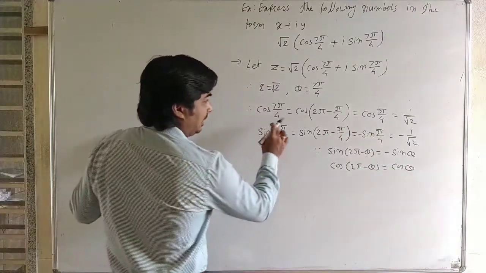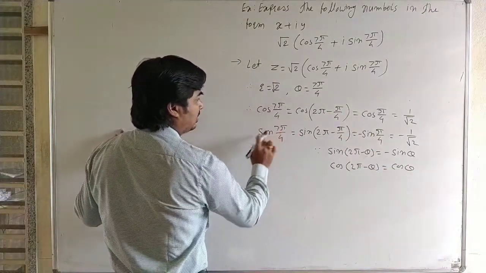Now we have the values of cos 7 pi by 4 and sin 7 pi by 4.